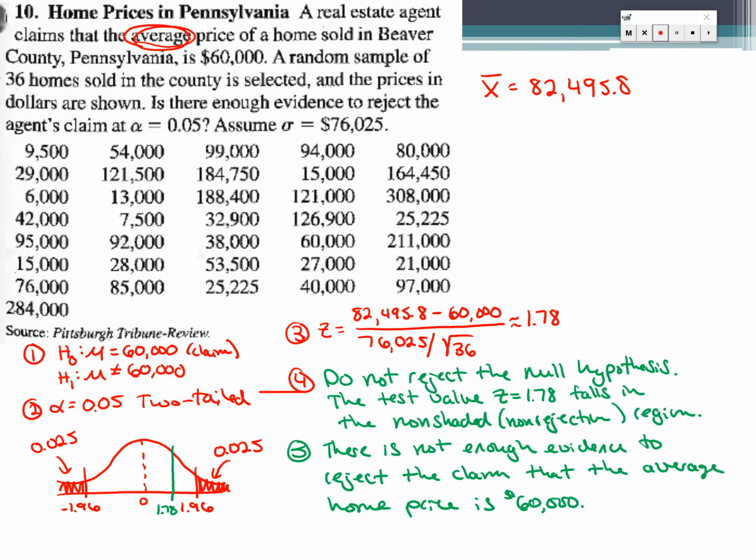So again, hypothesis testing is not about proving anything. The only way you could prove something is if you had the entire data set for the population and you actually found what that population mean was. So this is all about just testing, and this researcher's hypothesis is the average home price is $60,000.